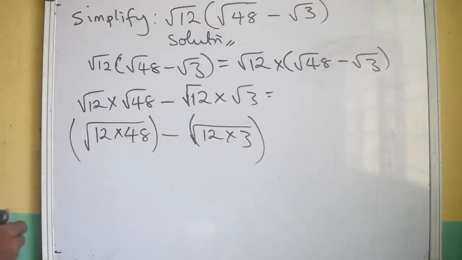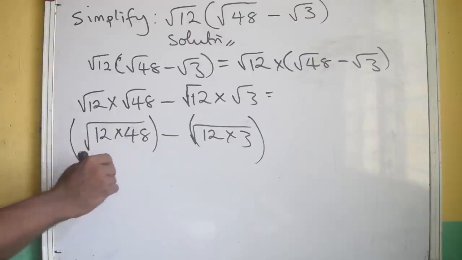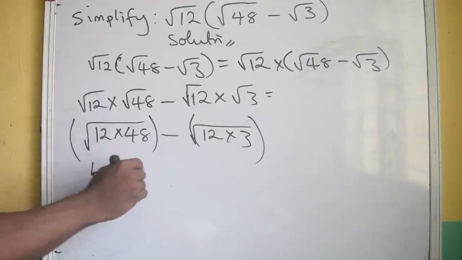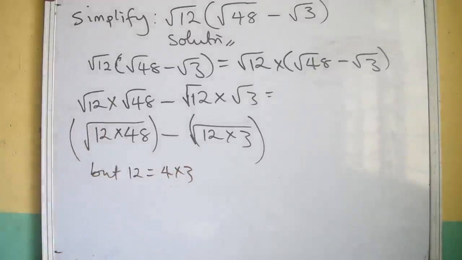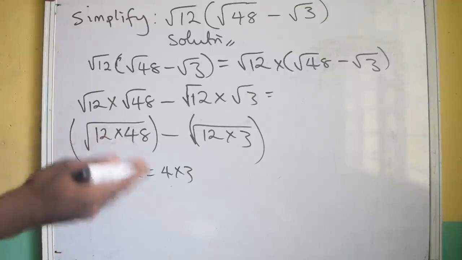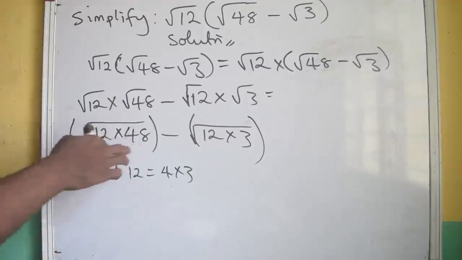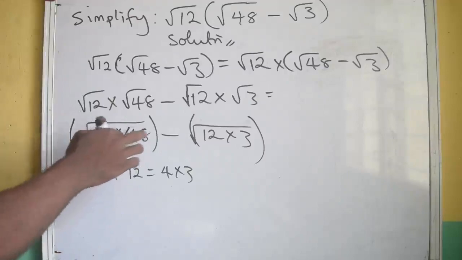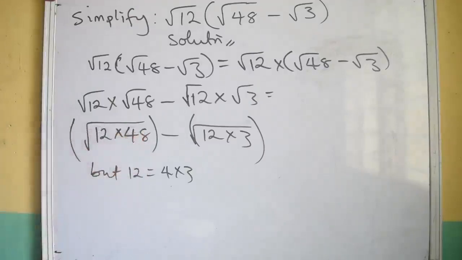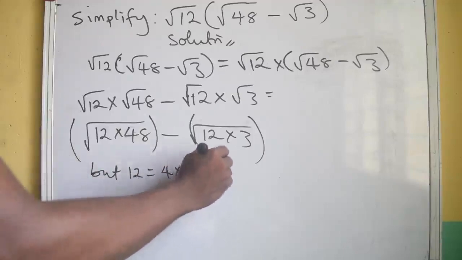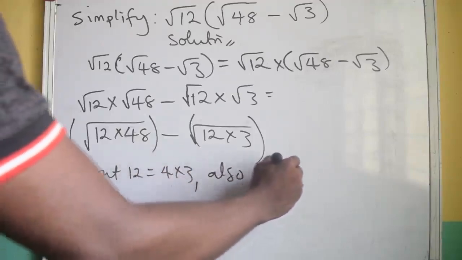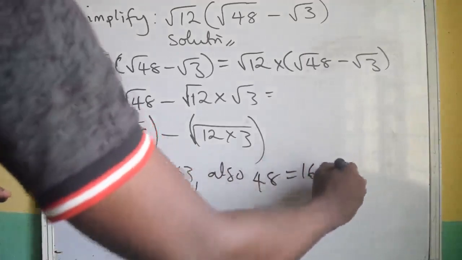It's not necessary, but I'm just trying to organize the whole thing. So you know that this 12 is something like 4 times 3. I have to select 4 here because 4 is a perfect square. Another way to go about it is to list down the factors of both 12 and 48. From there we get the perfect squares. Also 48 is 16 times 3.